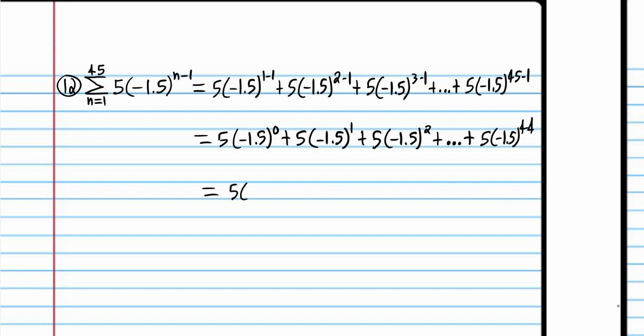So we have 5 times 1 plus 5 times negative 1.5 plus 5 times positive 2.25. And again, the sum goes on and on and on.